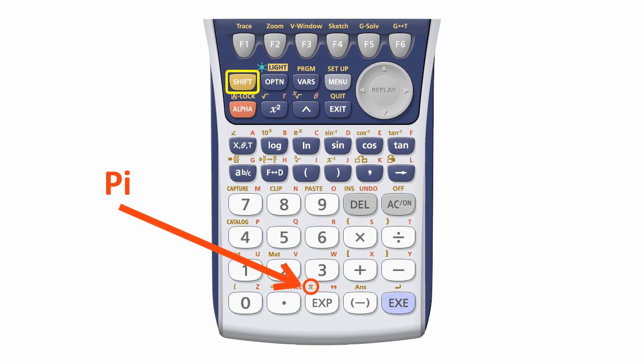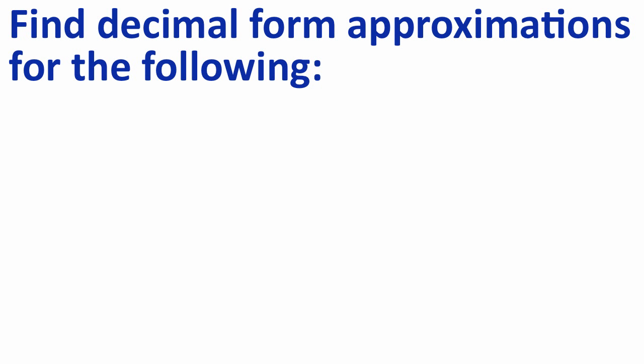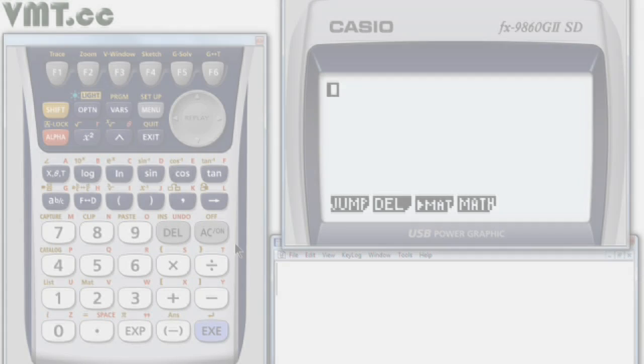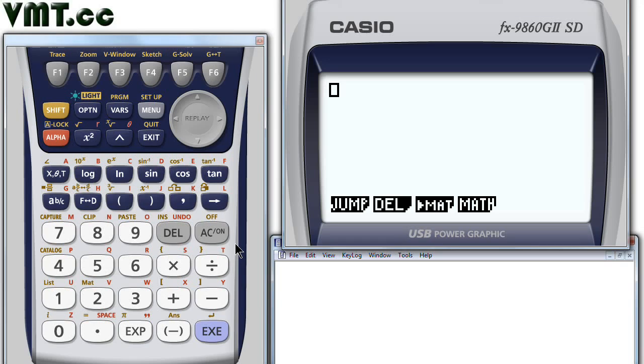Here's where the constant pi is located on your calculator. To input pi into your calculator, press Shift and then the EXP button down here.